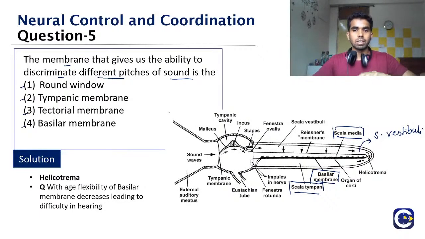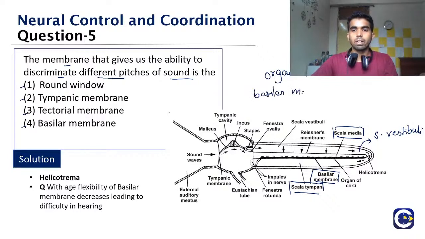And over the basilar membrane there is a structure known as the organ of Corti. The organ of Corti is the receptor that senses the sound in the atmosphere. So the main region that senses the sound in all this structure is the basilar membrane.